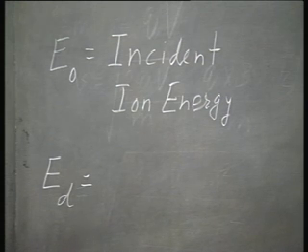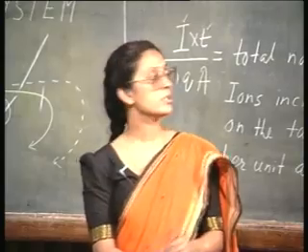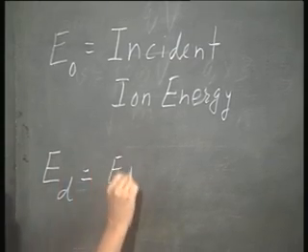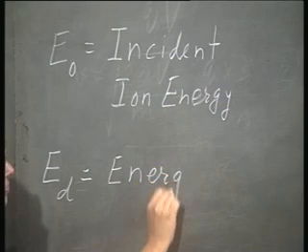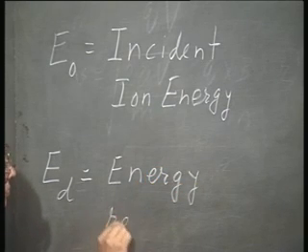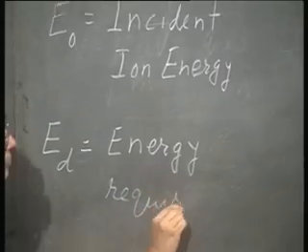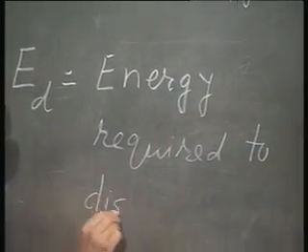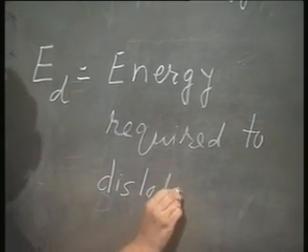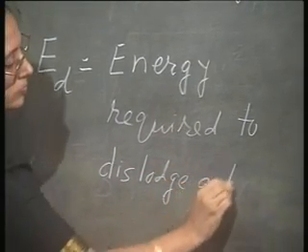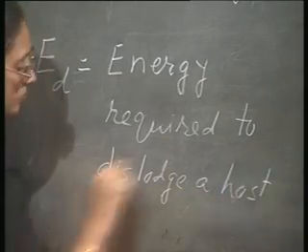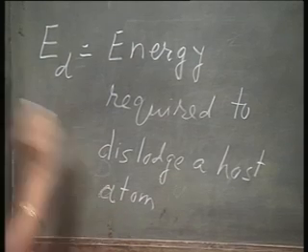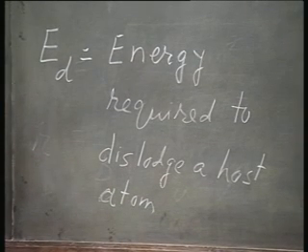To dislodge a target atom from the lattice site, we need an energy Ed, the energy required to dislodge a host atom.